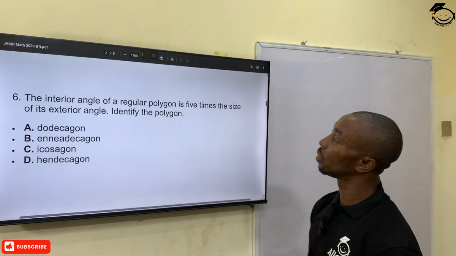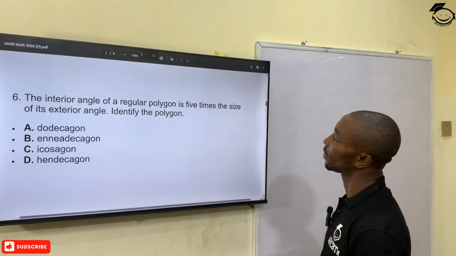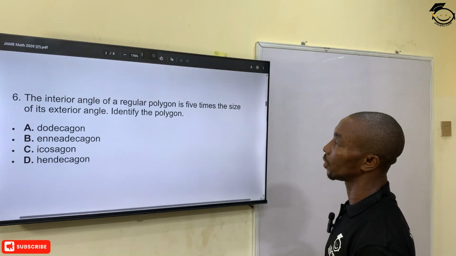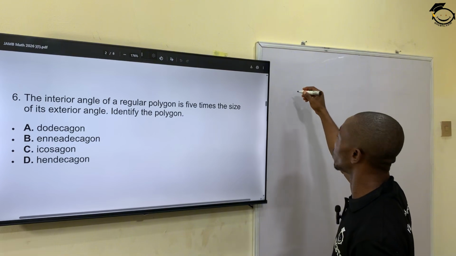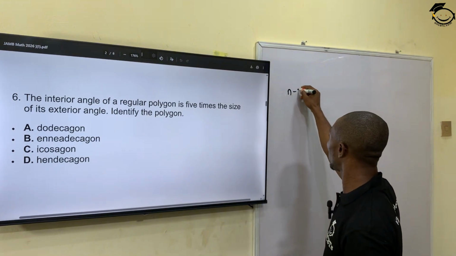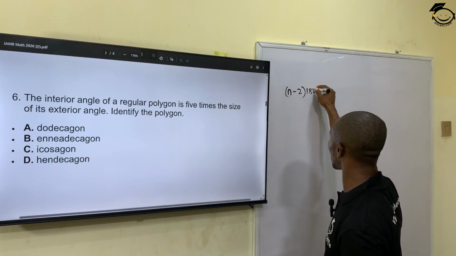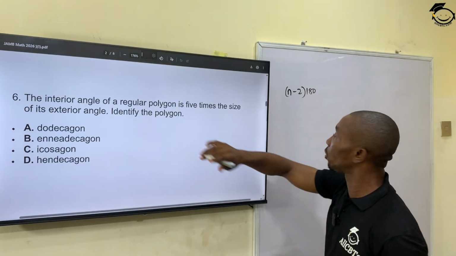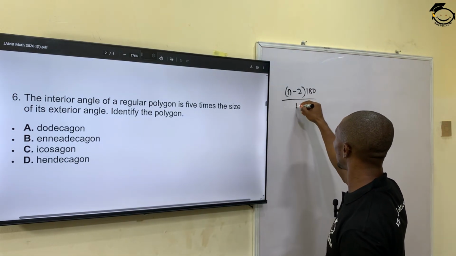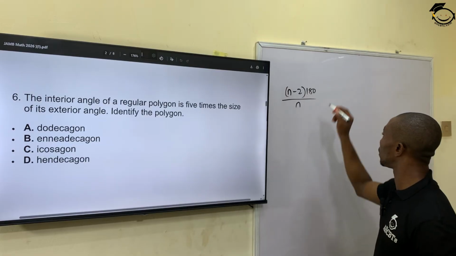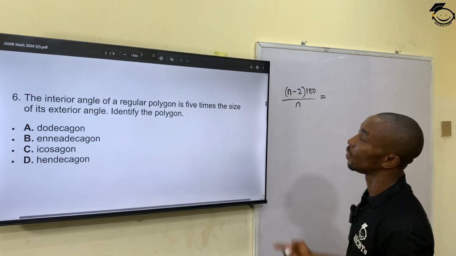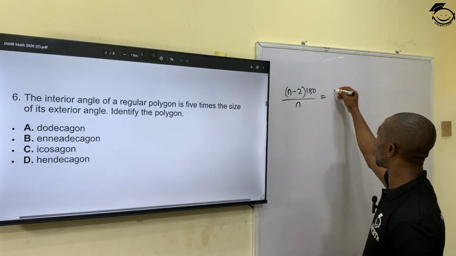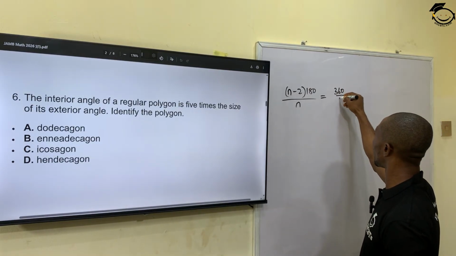The interior angle of a regular polygon is 5 times the size of its exterior angle. Identify the polygon. Now for interior, the sum of interior angles we have as n minus 2 bracket 180. So for a single interior angle, this will be all over n to get that of one interior angle. Now they said it is 5 times the external angle, and for the external angle we have 360 over n.